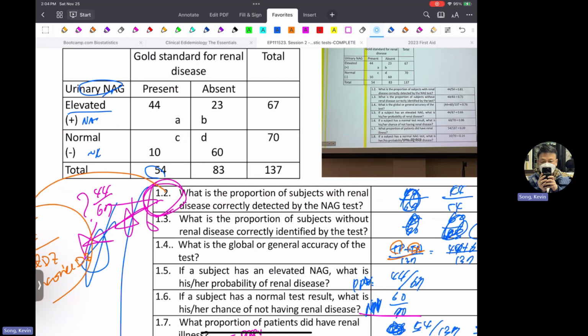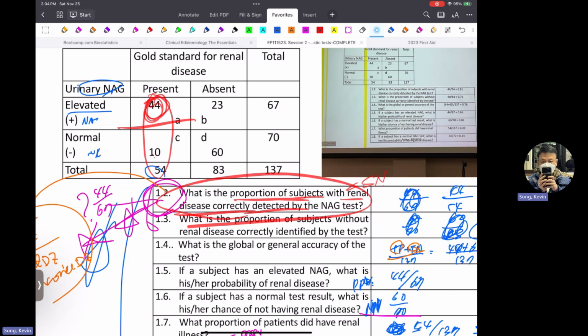Out of these two groups, the correctly detected is this, so this whole thing is the same as sensitivity. Okay, so 44 divided by 44 plus 10.